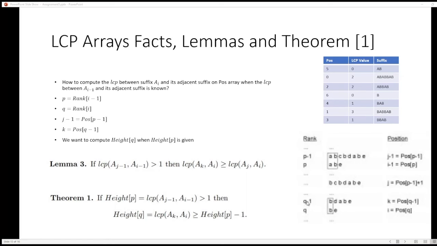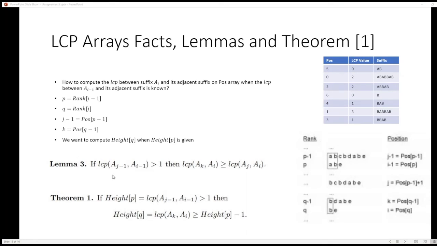And here are the two adjacent suffixes at ranks Q minus 1 and Q, with positions K and I. So what we want to compute is the height of Q, which means the LCP between the suffix at rank Q and the suffix at rank Q minus 1, knowing the height of P, which is the LCP between the suffix at this rank and the suffix at the previous rank.